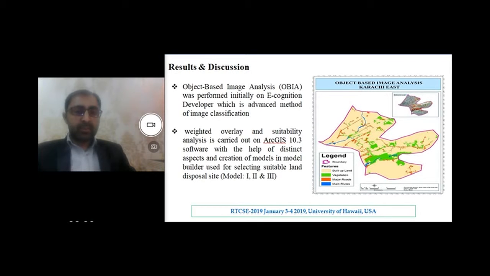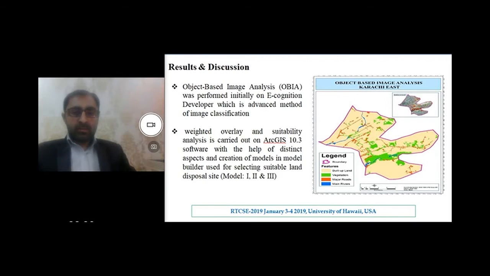Object based image analysis was performed initially on the Recognition software, which is an advanced method of classification to observe what type of natural features are present in that area.